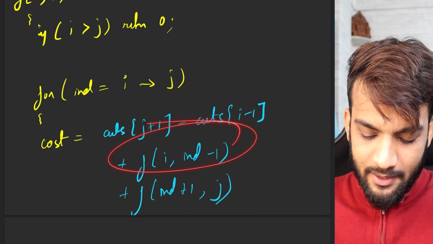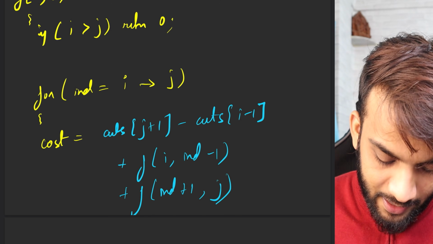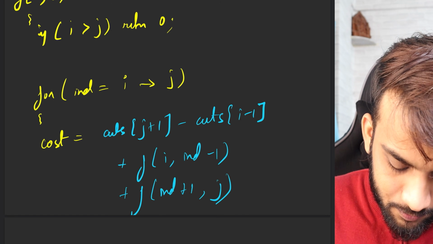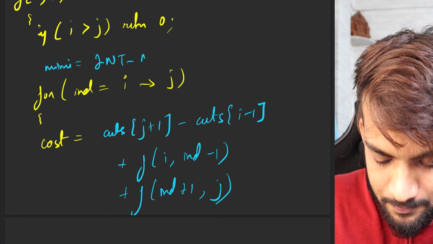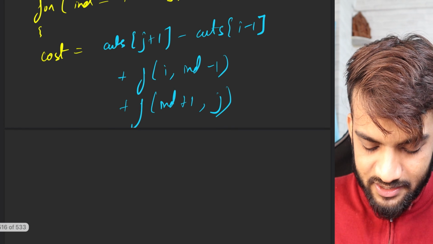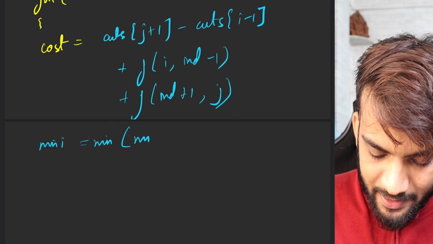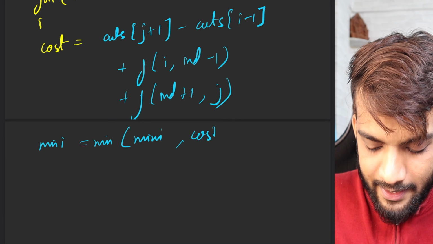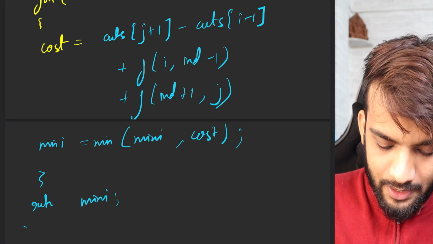The left guy and the right guy is what I need to solve. Perfect. And since I need the minimal cost, probably I can keep mini as int max, and I can just say mini equal to minimum of mini comma cost, and at the end of the day I can just return the mini and I should be done.